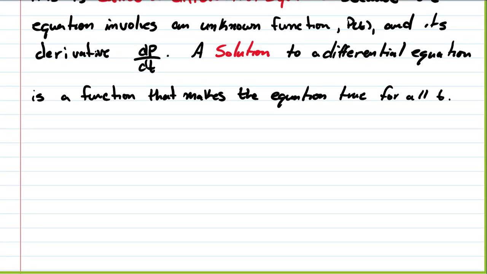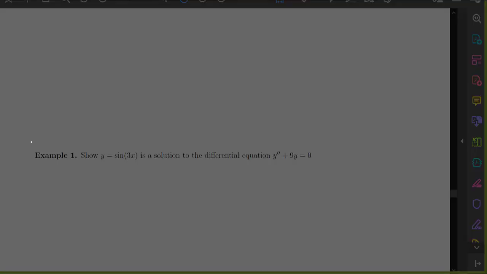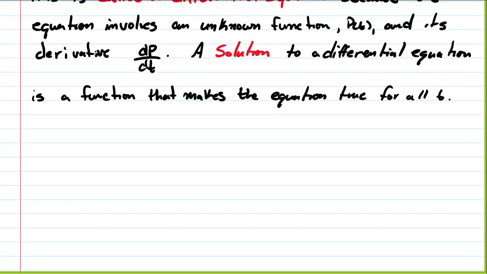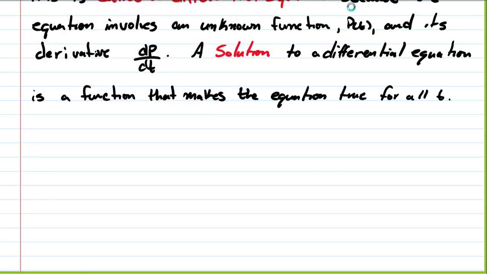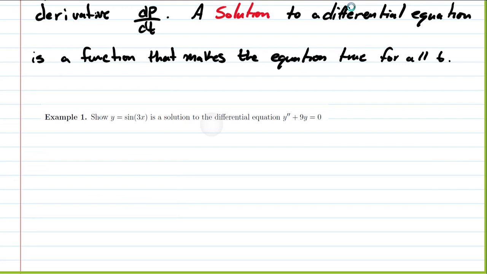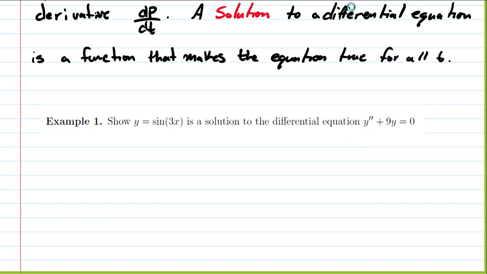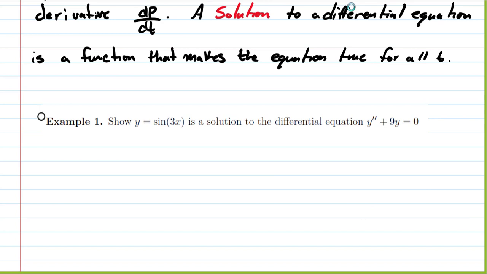So let's go ahead and look at an example. So we wish to show that y equals sine 3x is a solution to the differential equation y double prime plus 9 times y is equal to 0.